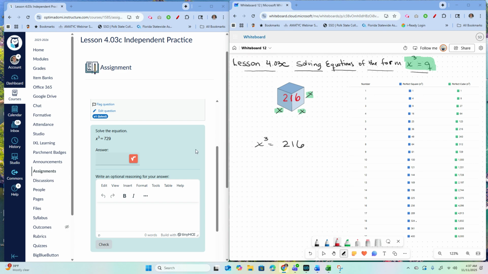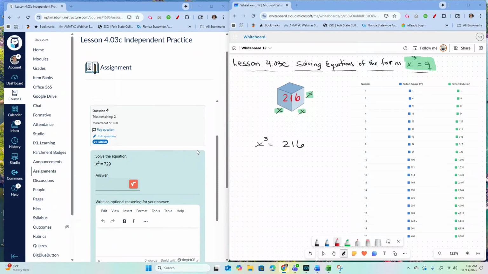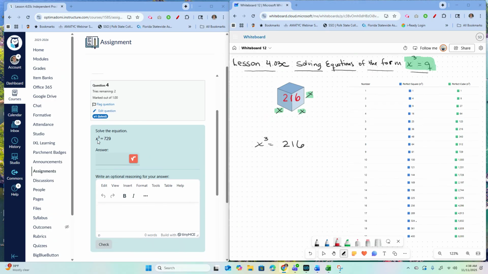So here is question number 4. Remember, I started with number 3. Now I'm doing 4. Then I'm going to do 5. And then I go back and do number 1 and number 2. In number 4, again, I gave you a similar one. The equation is x to the third power equals 216.